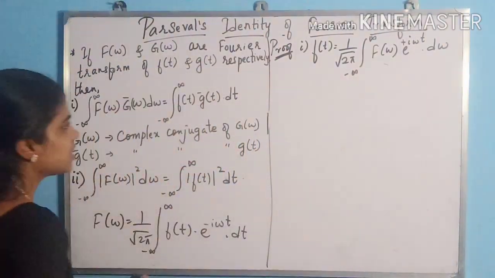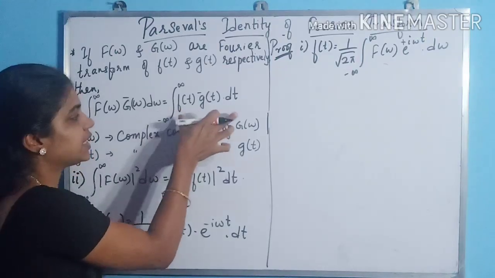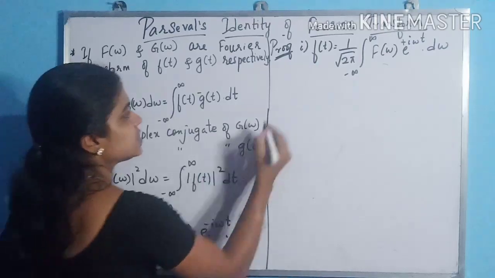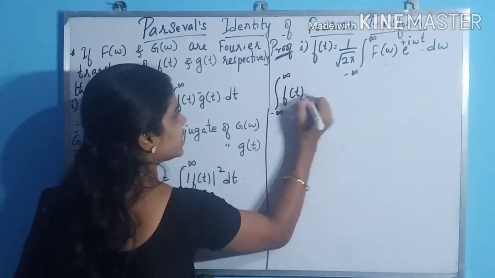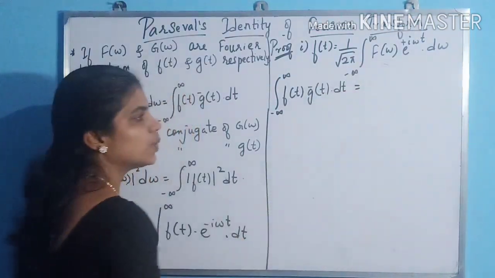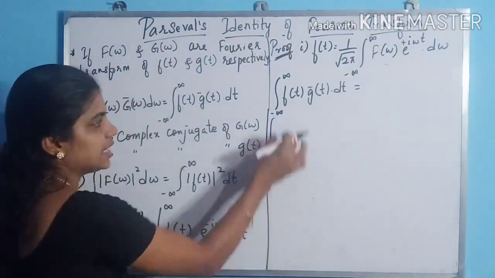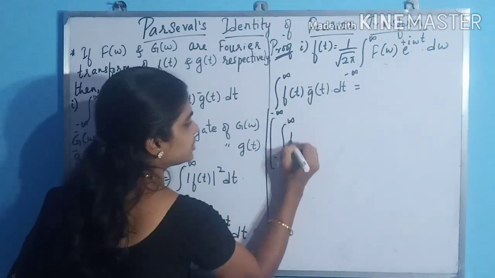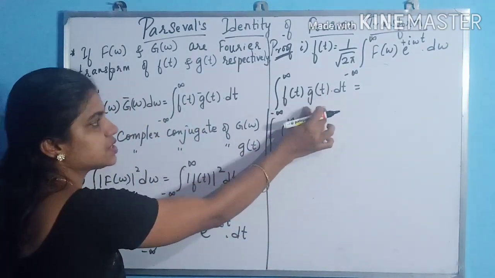Now we will start proving this first identity by taking the RHS first. So we have the integral from minus infinity to plus infinity of f of t g bar of t dt. I'll keep f of t as it is, and g bar of t I will substitute here.